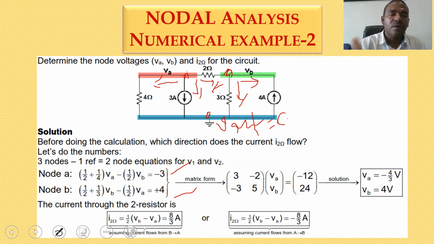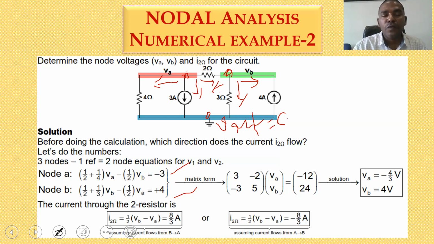Once you represent this in matrix form, you have to calculate delta. Then delta 1, replacing the first column by the RHS. Then delta 2, replacing the second column by the RHS. So delta, delta 1, delta 2 determinants you have to calculate.